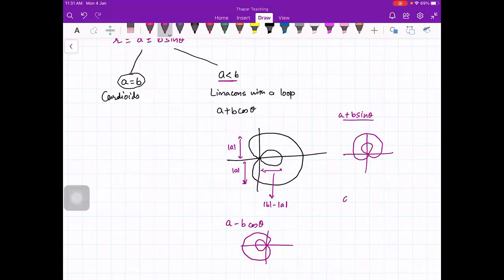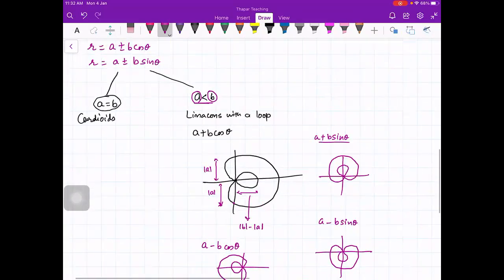Okay, and if you have a minus b sine theta, it will be on negative y-axis. Okay, so these are limasons with the loop when a is less than b. Okay, beta. So it may be a little hard to remember, but because there are not so many curves, we have just lemniscates, cardioids, limasons and circles. So you will remember it over time.